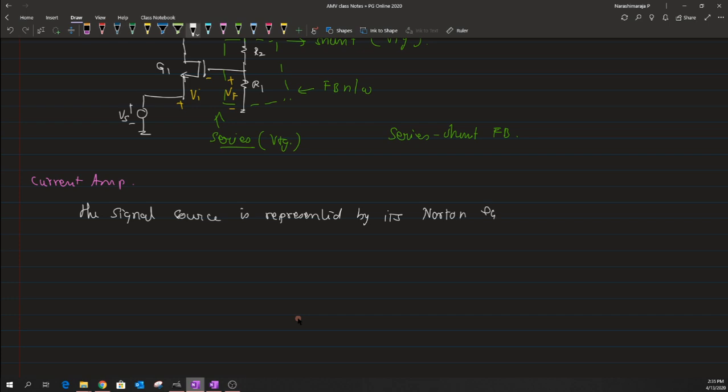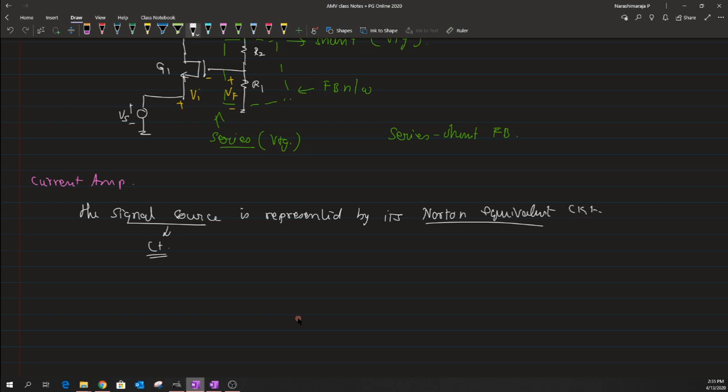Now this is a bit different from when we had the input signal being a voltage. Okay, so in this case the input source is basically a current, and when we have a current as our input signal source, then one could use a Norton equivalent circuit model.